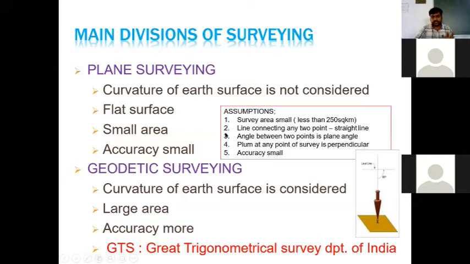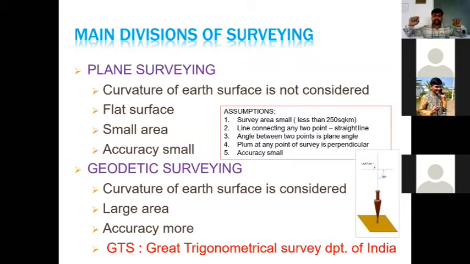The second thing is that the line connecting any 2 points is a straight line. The line connection should be straight. Straight means you have a flat surface; only then will you have a straight line.